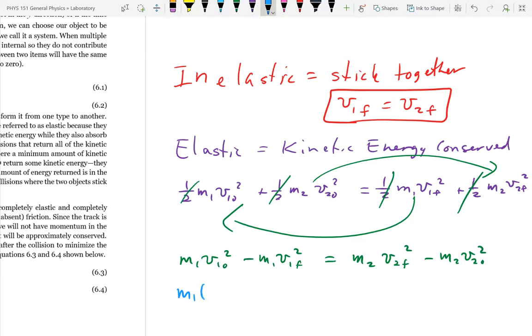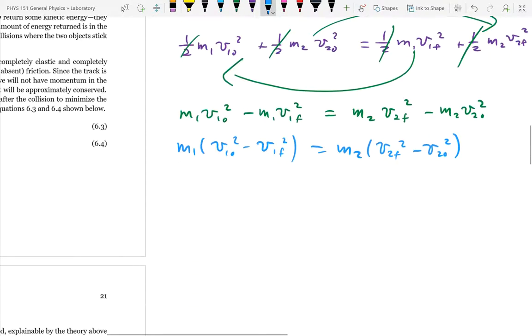You factor out the m1, factor out the m2, and then we expand the v1 initial squared minus v1 final squared. You probably learned to do this somewhere in high school math. It may very well have been lost from memory at this point.